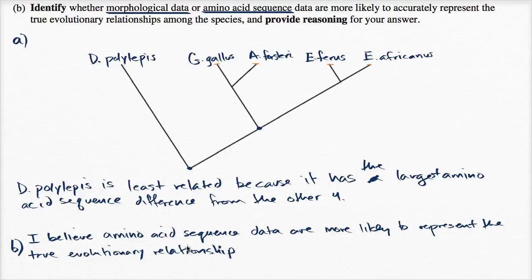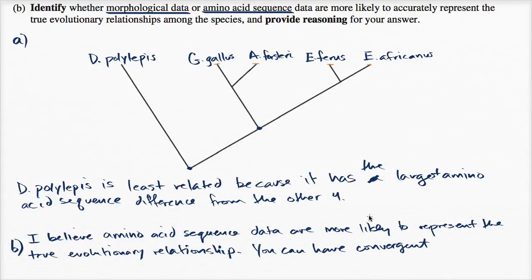And let me provide my reasoning. You could have convergent morphology. And all that means is, for example, you could look at a bat's wings and a bird's wings and say, okay, they have similar morphology, but they aren't related just because they both have wings. Or you could look at a dolphin and a fish and say, okay, they both have flippers, maybe they're more closely related if you just look at the body type. But that's convergent.